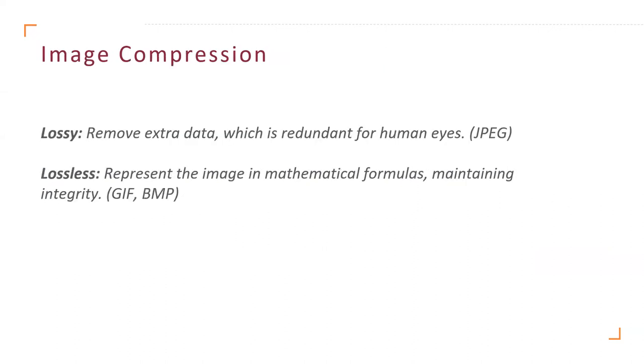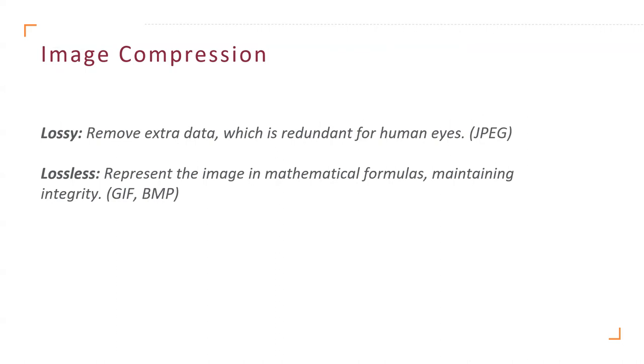Now, we all know what compression is. It's reducing the size of something. And again, it's of two types, lossy and lossless. Lossy means removing extra data, which is the redundant information which the human eye can't perceive. And lossless means representing the data in such a way, in mathematical formulas, that the integrity of the original image is maintained.